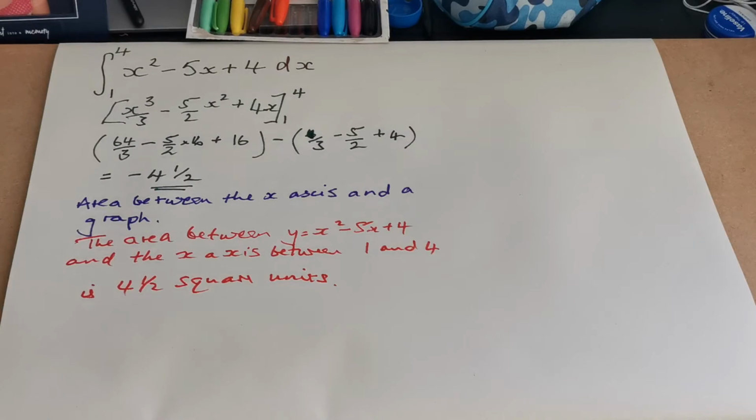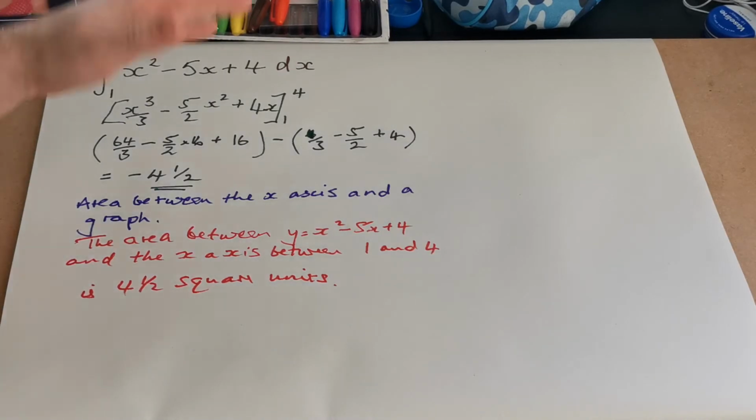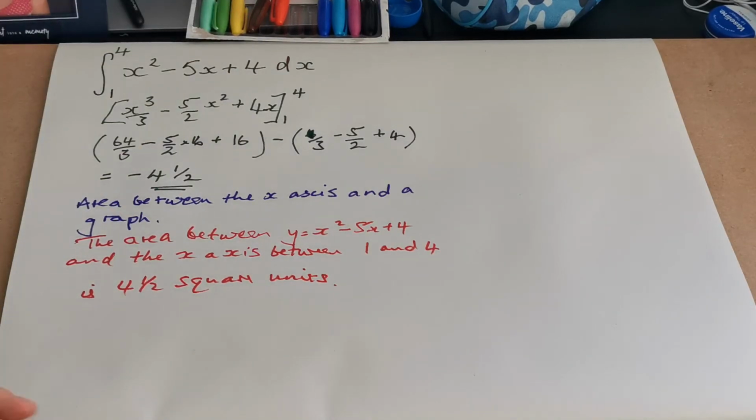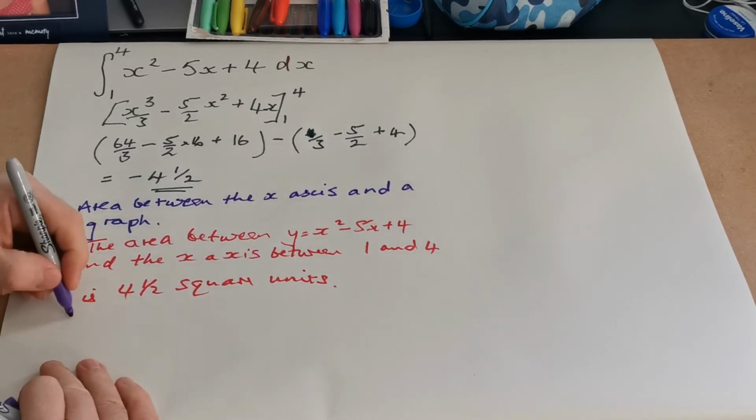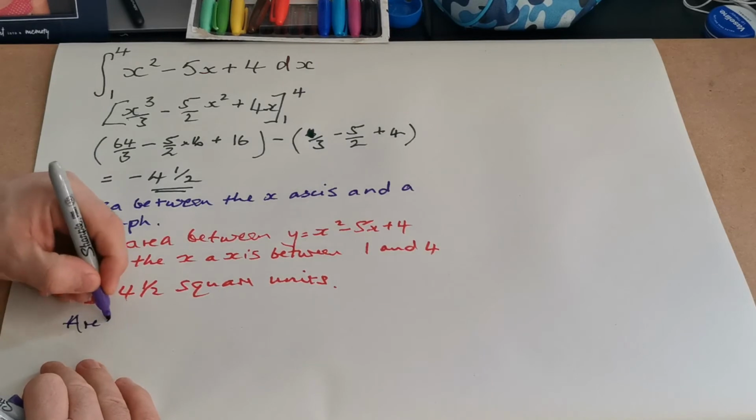Okay, so if the area is underneath the x-axis, which it is on this one, we simply need to change the area to a positive. So area cannot be negative. That's the key thing.